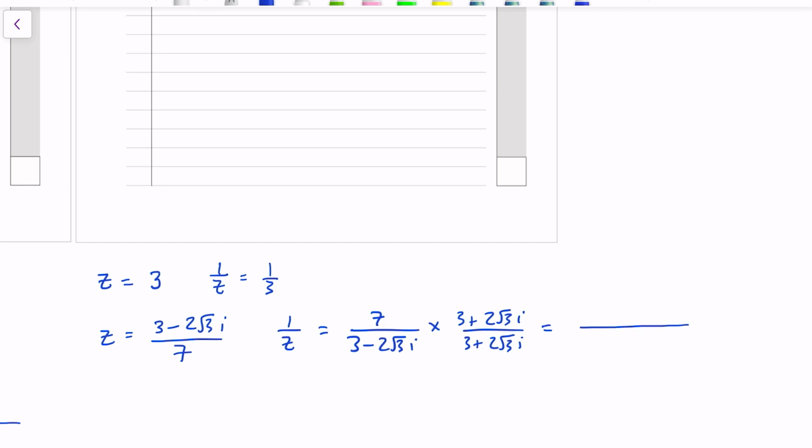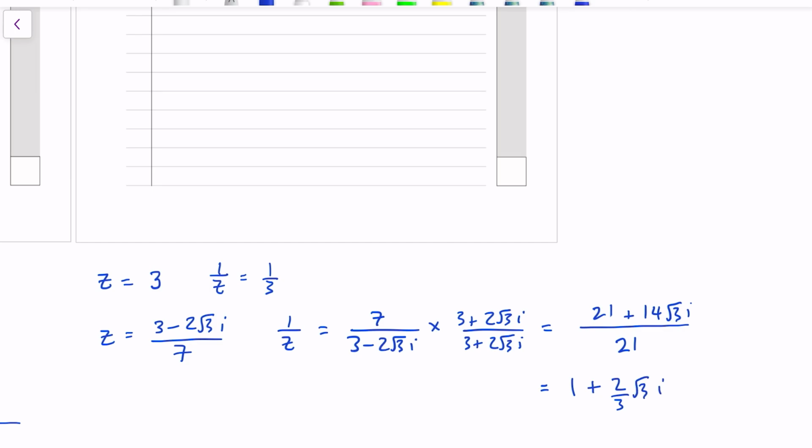So the denominator there, 3 squared, 9. 2 root 3 times 2 root 3 is 12. So the denominator becomes 9 plus 12, and then the numerator: 21, 7 times 3, and then 7 times 2 root 3i, 14 root 3i, which is 1 plus 14 over 21 simplifies to 2/3, so 2/3 root 3i.